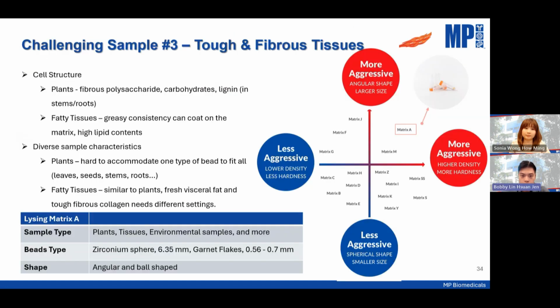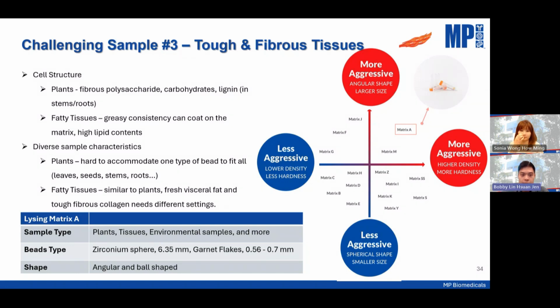All right. So moving on, we'd like to address the last sample that we have, which is also a very highly concerned sample type. This one is the tough and fibrous tissues, such as muscle tissues, heart tissues, or even plant or fatty tissues. These types of tissues usually have a much more structured cell membrane.